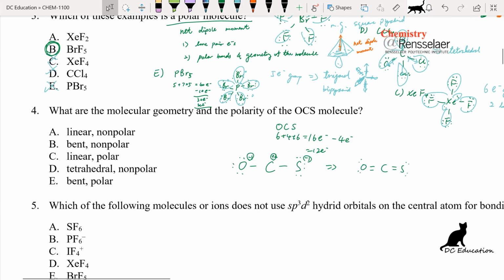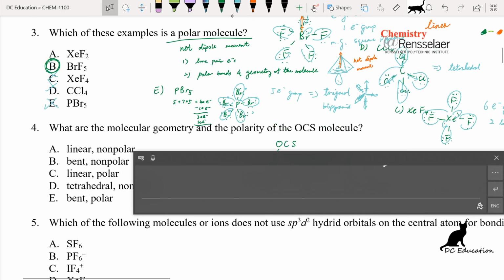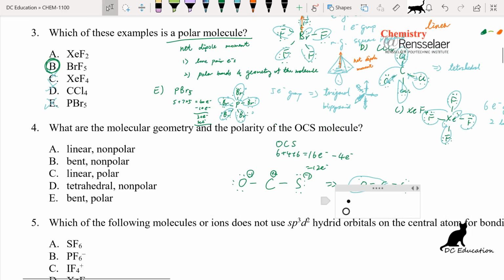As you can see, there are 2 major electron groups around the central atom. What is this? There's a dot here. Delete. Okay, cool. And there's another major electron group.